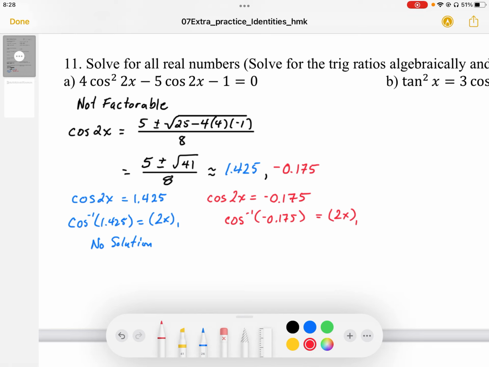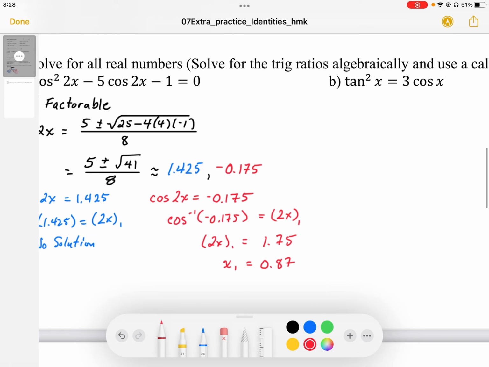And when I undo this, I get theta 1 is equal to 1.75 radians. And that's going to mean that x is equal to half of that. So divide by 2. I'm going to end up with 0.873. So I'm just going to round that to 0.87 radians.